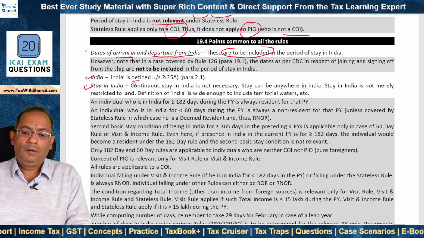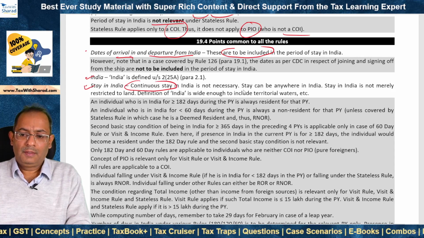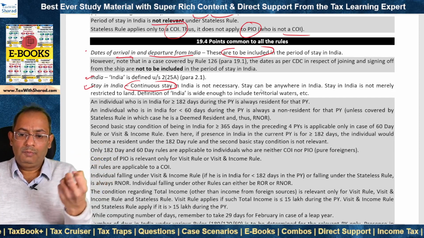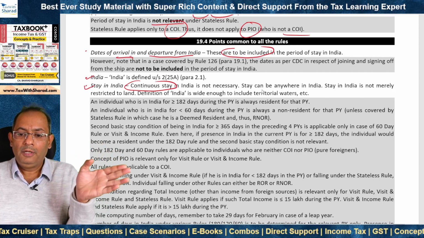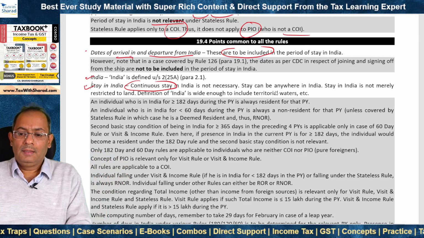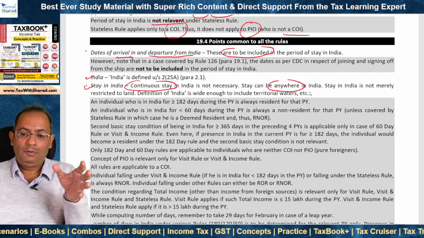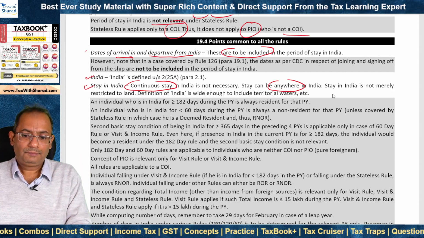Stay in India need not be continuous stay, right? The person can come and go and all those periods need to be aggregated. It need not be non-stop or continuous. Further, stay can be anywhere in India. It doesn't mean that the stay should be only at one location throughout. Right?